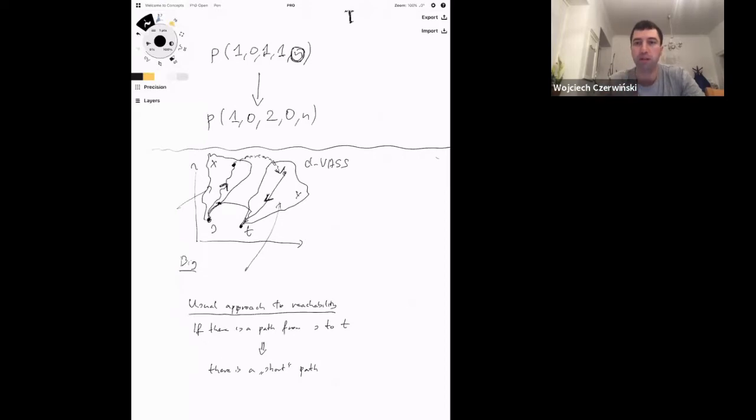So the first step to construct VASS which are hard to solve is to construct VASS in which you only have long paths from source to target.